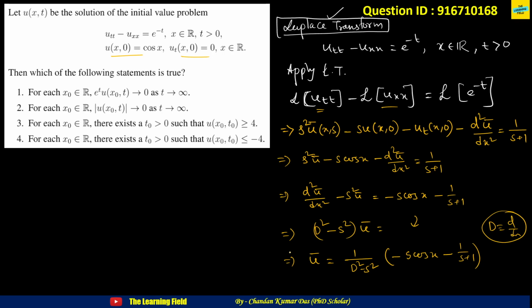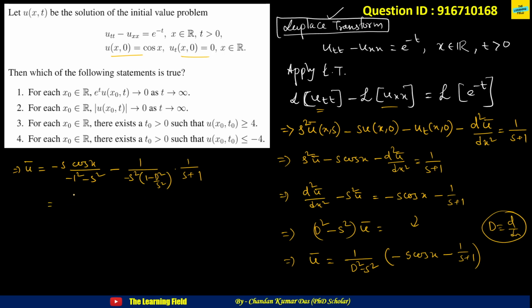So from here we can write u bar equal to minus s, and we all know that for cos x, minus 1 square minus s square is non-zero, so we can write 1 by minus s square into 1 minus D square by s square, acting on 1 by s plus 1.